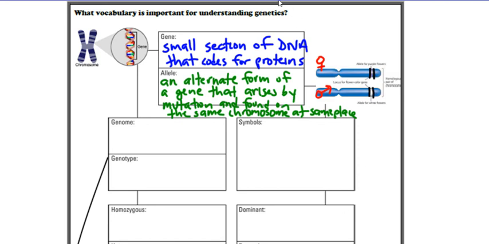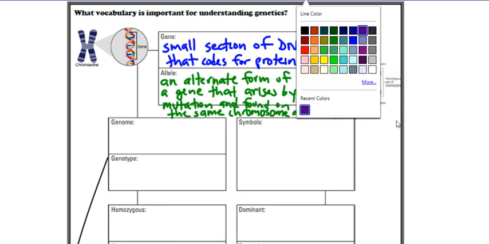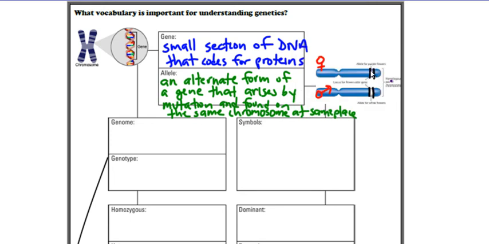In this case, this chromosome has the gene for purple flowers, and this chromosome has the gene for white flowers. So our overall gene is flower color, and we have two different alleles, two different forms of the flower color gene. You have purple and you have white. So we get variation from mutation.